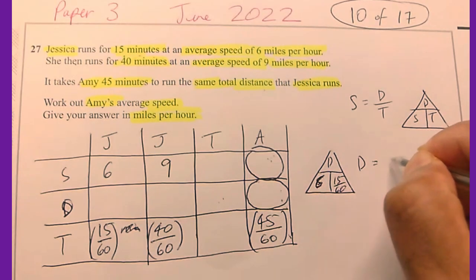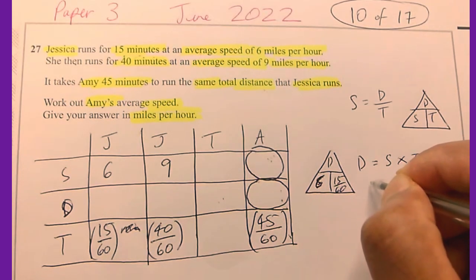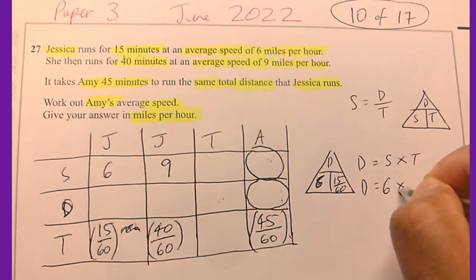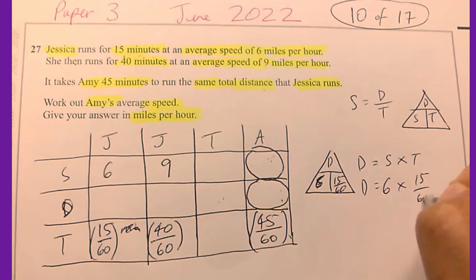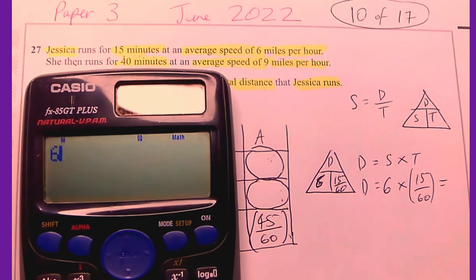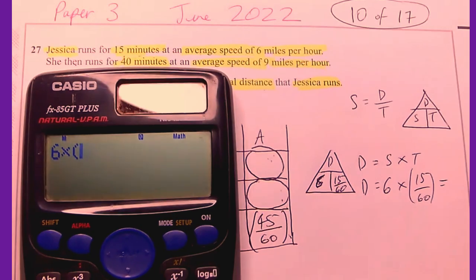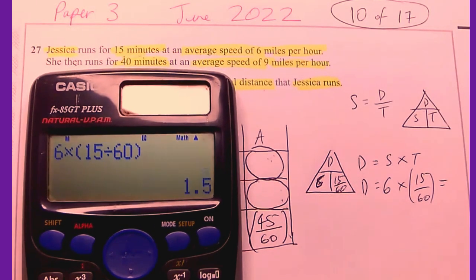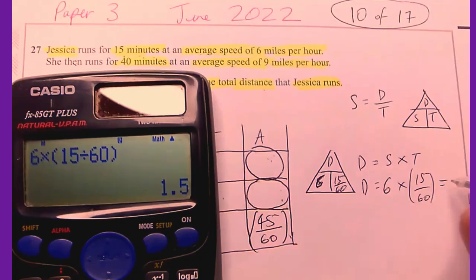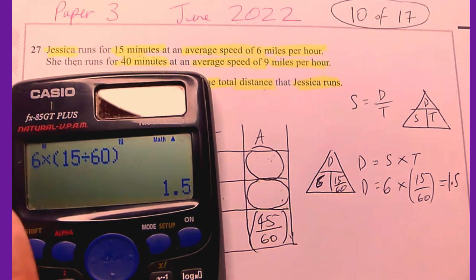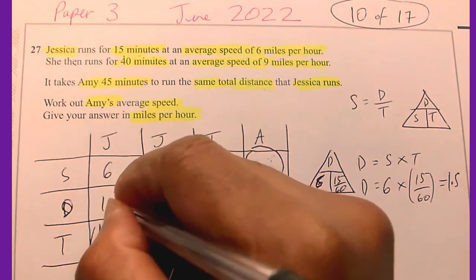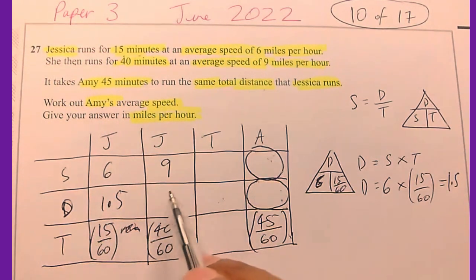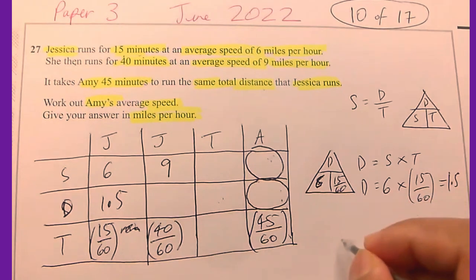So distance equals speed times time. 6 times bracket 15 divided by 60 gives me 1.5 miles. Put that in here.